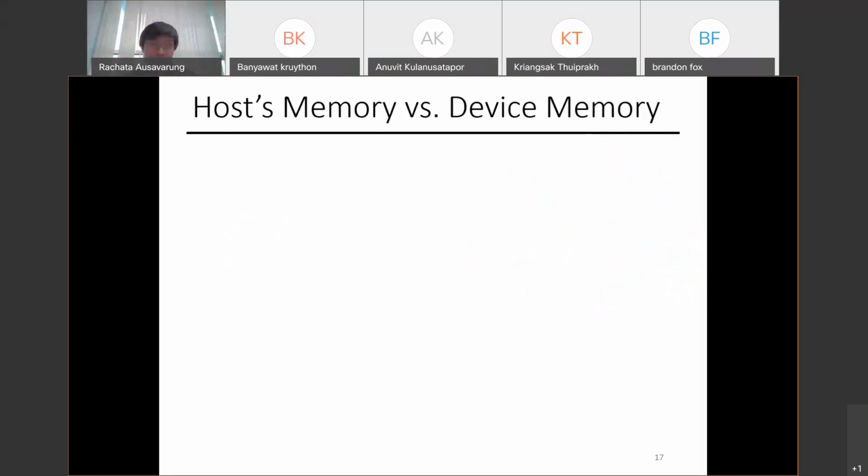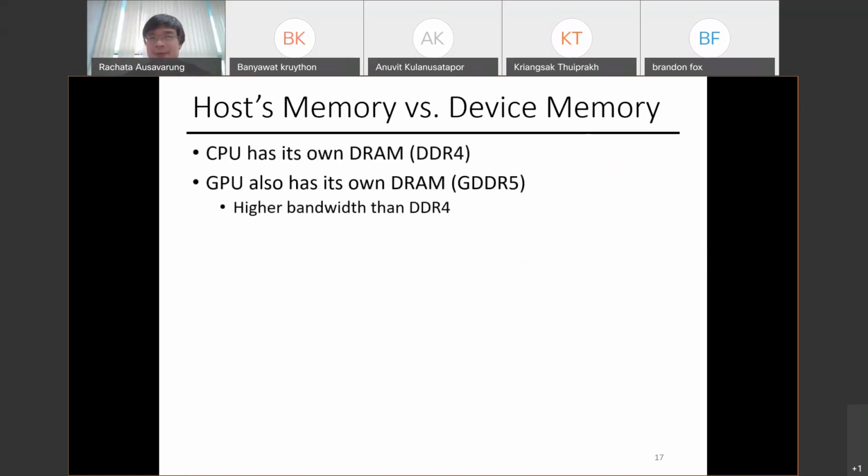So if you are running things on, say, TensorFlow or PyTorch or CUDA through cuBLAS, or if you are hardcore and you want to write your own CUDA code, the way it works is the CPU has its own DRAM, and the GPU also has its own DRAM, which has a lot higher bandwidth.